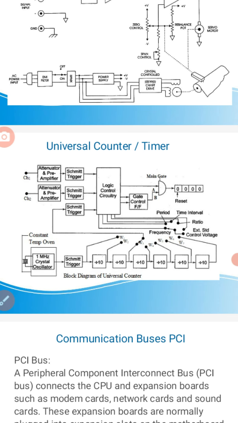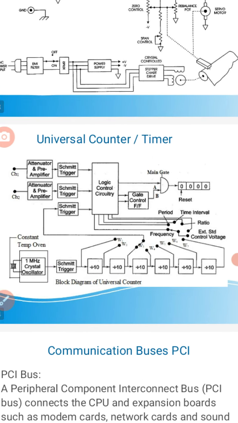So start and stop signals are transferred from A channel and B channel to another A input of the main gate, while the B input is the standard time period of 1 second.